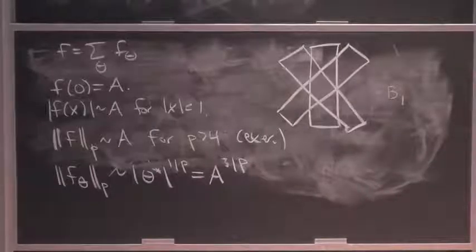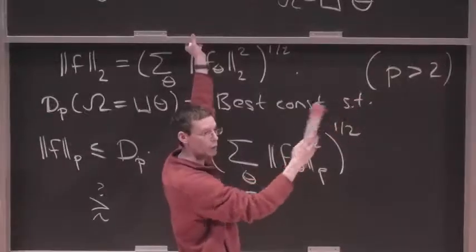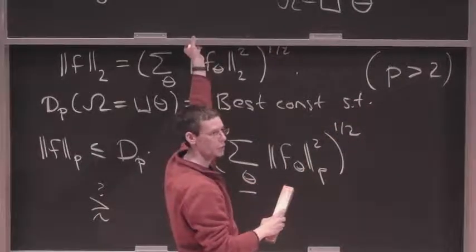So let's do a quick calculation now about what this says about the decoupling constant. And we'll see that this theorem could only possibly hold when p goes between 2 and 6.